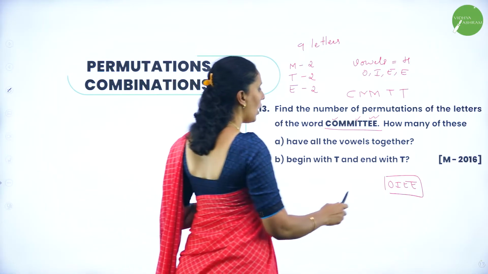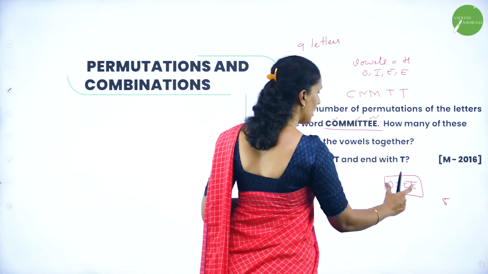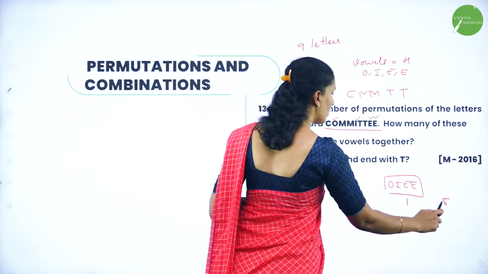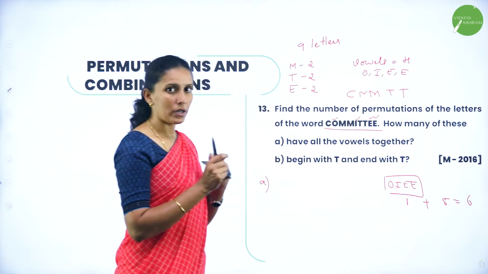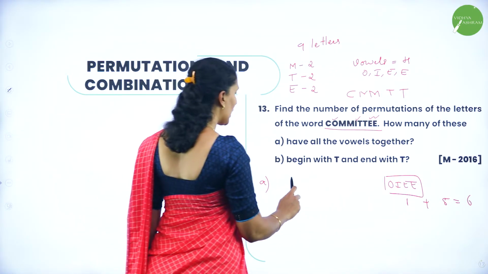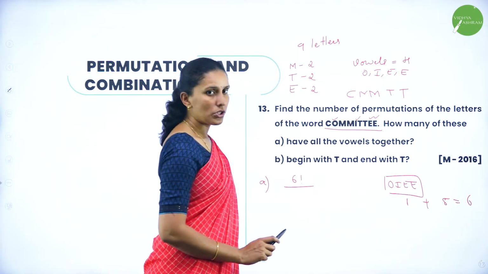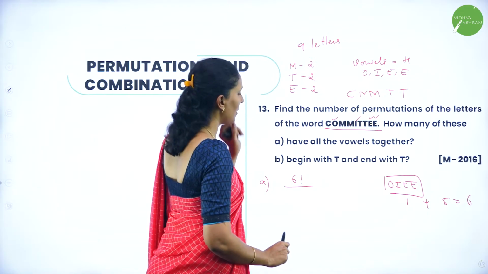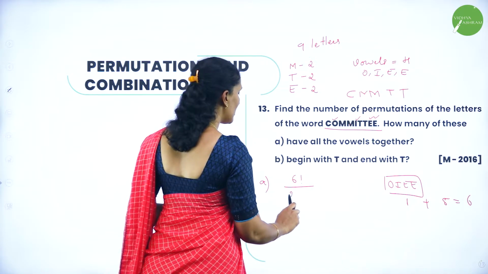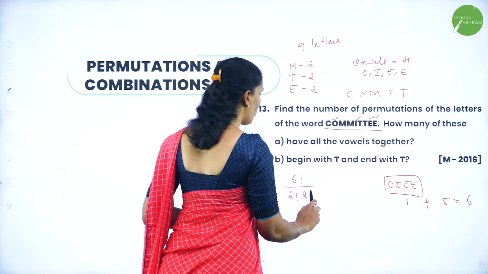So then how many consonants do we have here? We have 5 consonants remaining and 1 unit of vowels. So 1 plus 5 is equal to 6 positions we need to arrange. So therefore we will consider it as 6 factorial. And out of 6 positions here, we have repeating letters. So here M is repeating 2 times, so let us divide it by 2 factorial. T is also repeating, so 2 factorial.